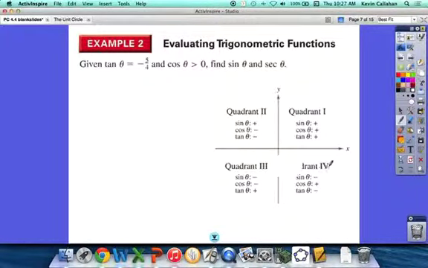We've already said we're going to be in this quadrant. At this point, it doesn't really matter exactly where this line is. Just draw a line somewhere out into the fourth quadrant and label it.